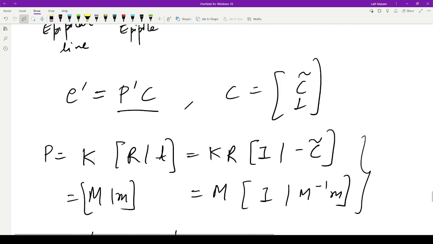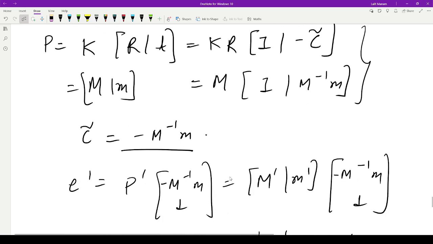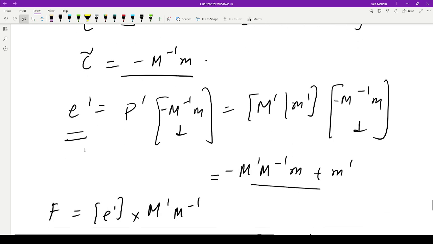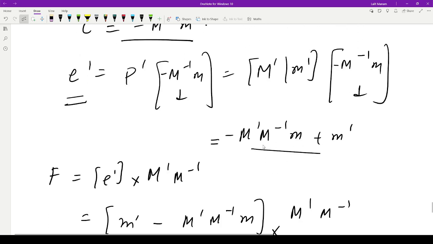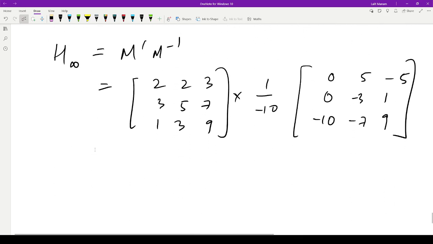If we do it by comparison, we can get the first camera center. Then we get its image onto the second image plane, which gives us this expression. Once we replace it, we get the general fundamental matrix expression. Okay. I hope the core idea is clear. Okay. Yes, sir.